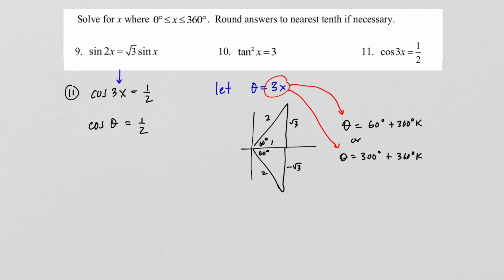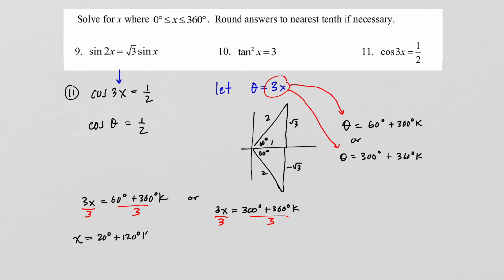So we have 3x equals 60 plus 360k, or 3x equals 300 plus 360k. And then to solve for x, I'm just going to divide both sides by 3 in both of these equations. This gives us x is equal to 20 degrees plus 120 degrees times k, and over here we get 100 degrees plus 120 degrees times k.